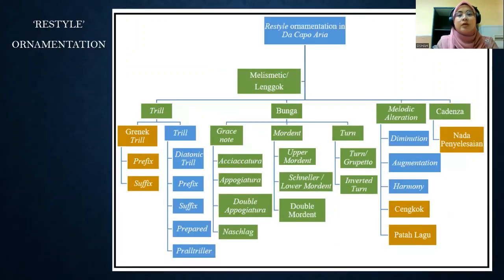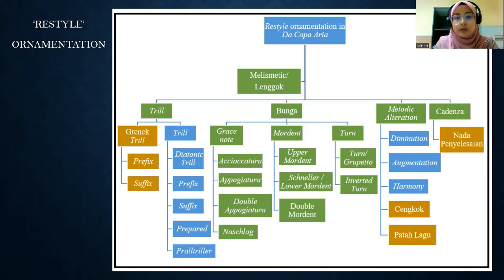So the Restyle concept is the combination of the symbiotic of the Western ornamentation and also Malay ornamentation, Melayu Asli ornamentation. This is the conclusion of it, which is Restyle ornamentation in Da Capo Aria.